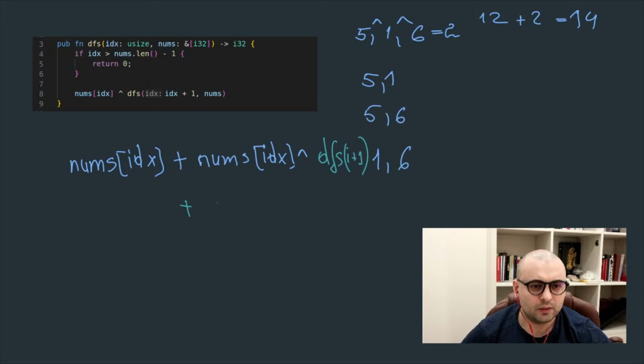And as well, if we don't include it, we'll need to count just DFS of i plus 1.